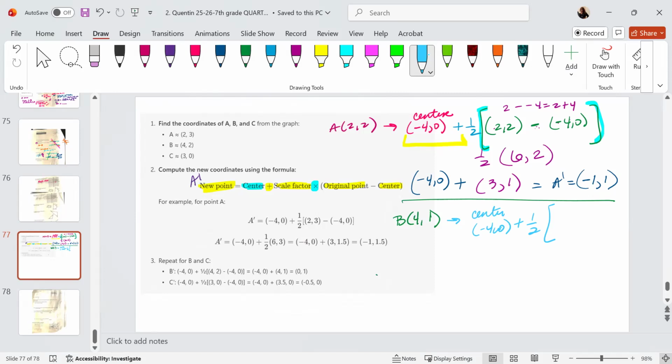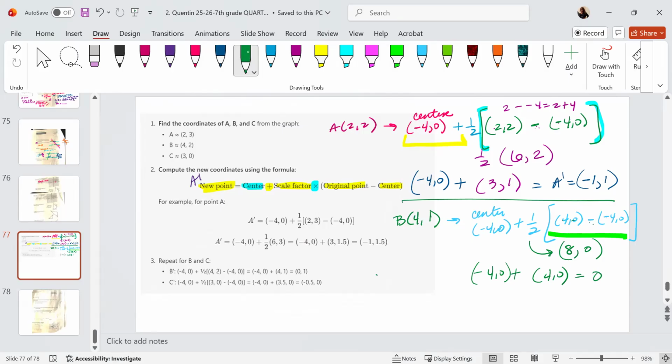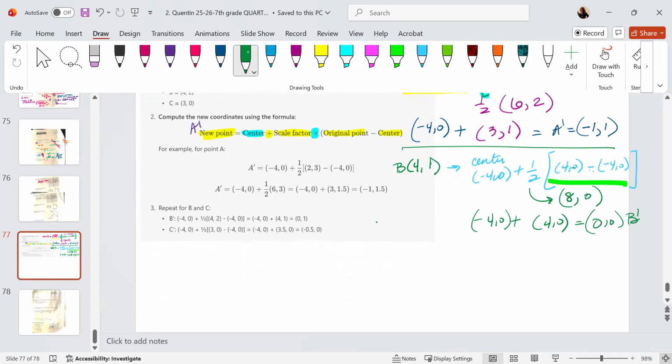Original point is 4, 1 minus the center, negative 4, 0, correct? So you focus on this part first. 4 minus negative 4 is an 8. 0 minus 0 is a 0. What's half of this? 4, 0. Then you need to go ahead and add them together. So it's 0, 0. That's your B prime. So plot B prime.